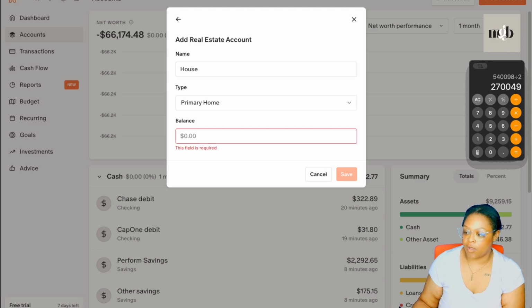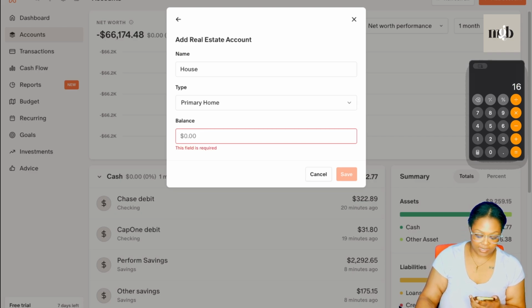Okay, so if my home value is estimated at $270,050, and then I want to see my loan balance, which is 169,389. Round it up. Did I not subtract that?